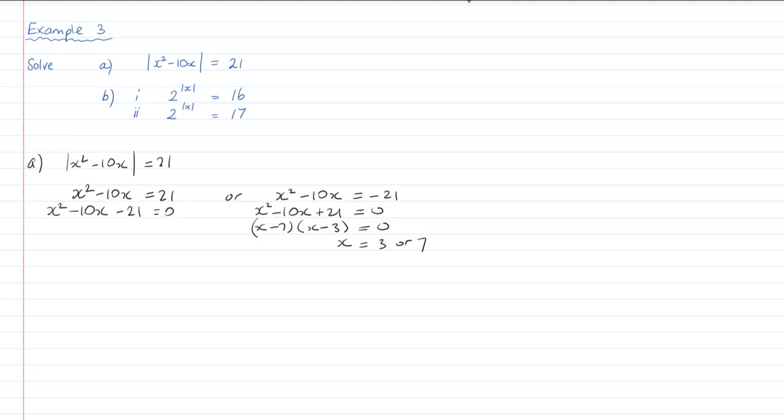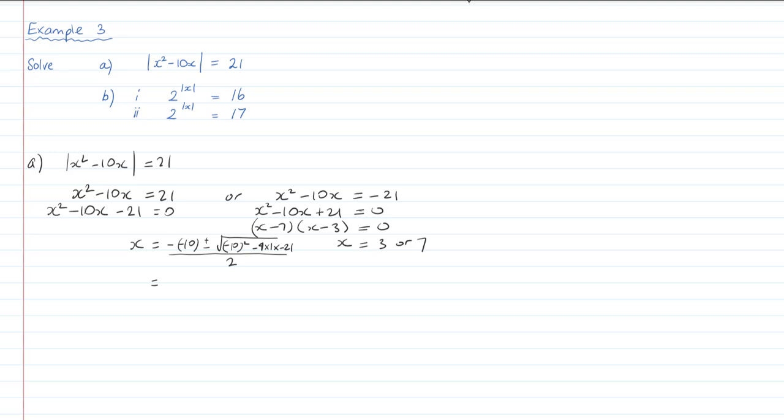Now let's have a look at the other possible equation, which is less nice, and we'll take this to an exact value. So we get x is equal to negative of negative 10, plus or minus the square root of negative 10 squared minus 4 times 1 times negative 21, all over 2 times 1, so just 2.